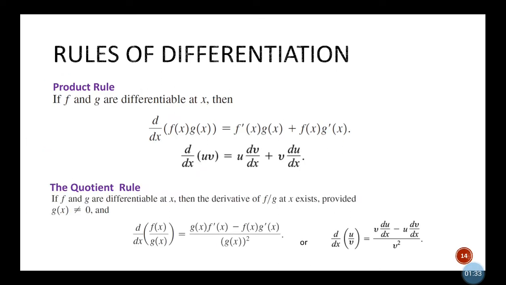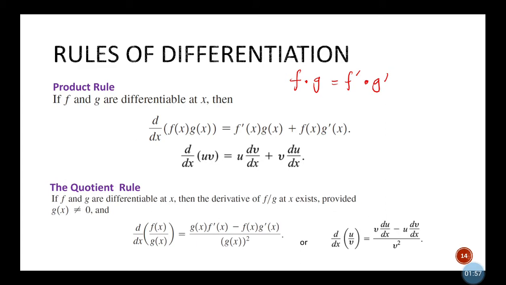But for the product rule, if you have two functions f(x) times g(x), you cannot just put f prime times g prime. It is the same as what we assumed for addition or subtraction earlier.